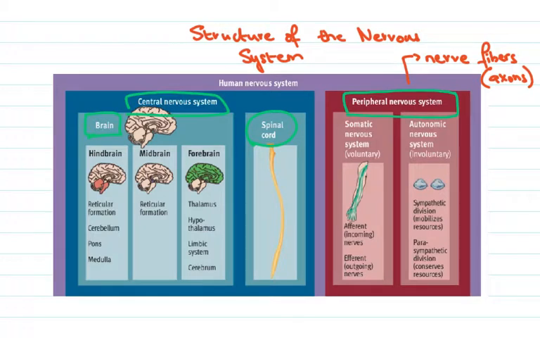Now, even within the peripheral nervous system, you have two different kinds of division. The first is the somatic nervous system, and the second is the autonomic nervous system. Now, what exactly is the somatic nervous system?